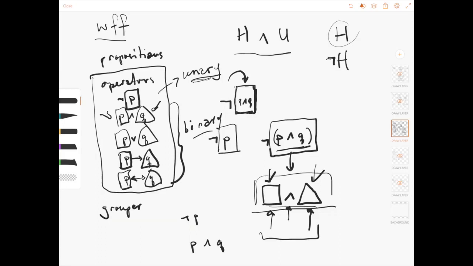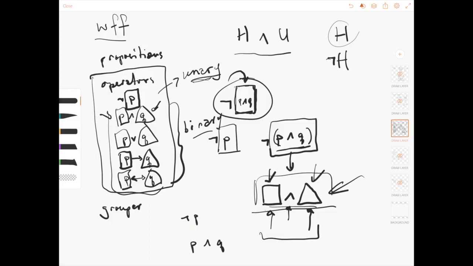If it's a unary operator, then negation, it has to have the slot, as we see here, on the right-hand side, and that argument space has to contain a proposition, which, of course, is going to be a well-formed formula. If it's a binary operator, then it behaves like this, in which case the 2 sides, the left side and the right side, have to be occupied by well-formed formulas.